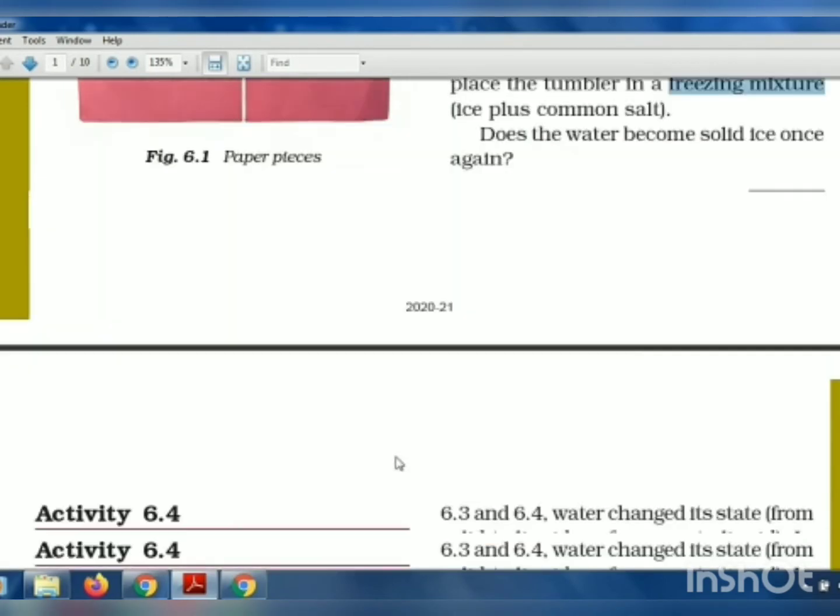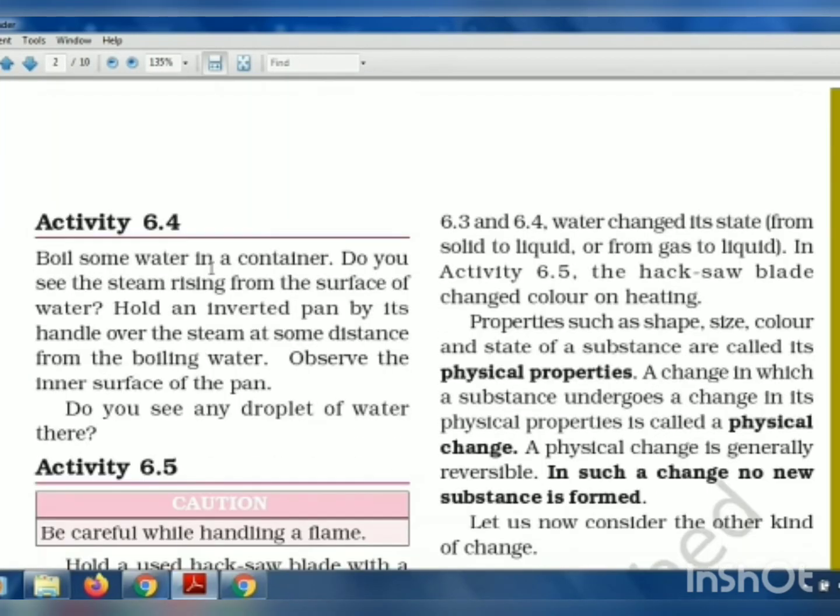Now, the next activity 6.4, in that you have to boil some water in a container. When you see that the steam is rising out of the water, you have to put a lid on top of the steam. What happens?